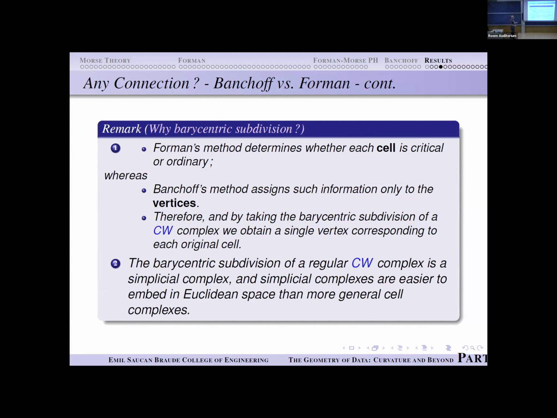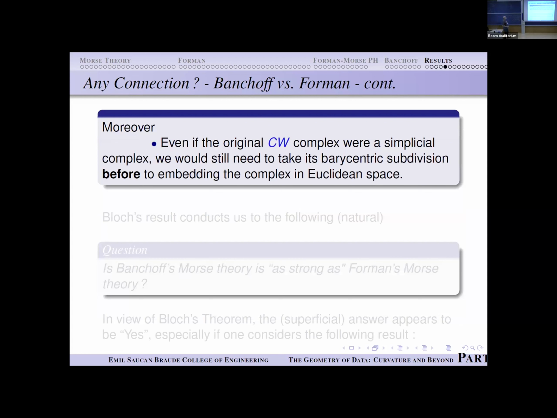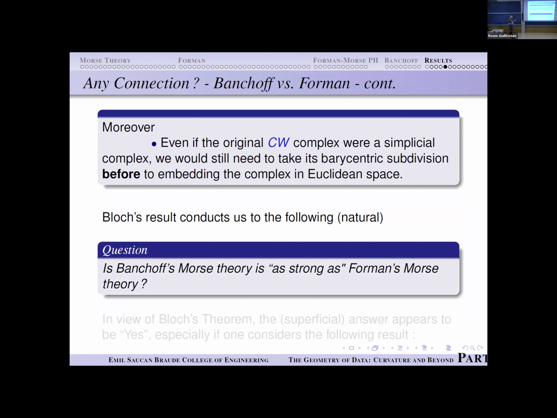And actually, it's a good thing to do this simplicial subdivision, because if you want to represent something in R3 or Rn in general, it's much easier to think of simplicial complexes. So simplicial complexes, polyhedral complexes in general, are much easier objects to understand than hypernetworks or whatever. And then we asked ourselves if the two theories are equivalent or at least as strong.